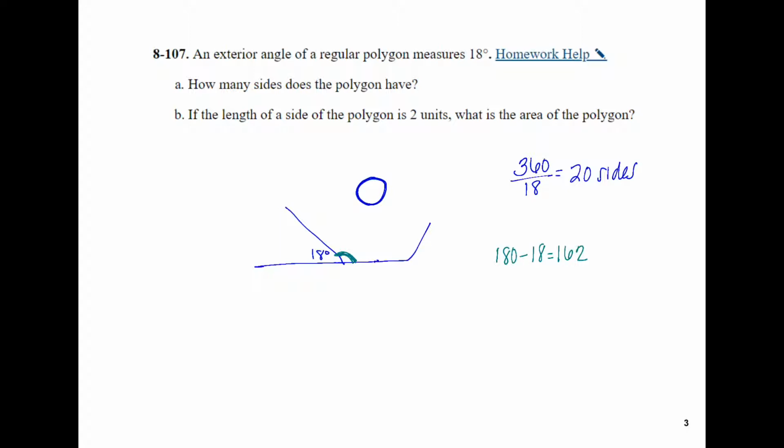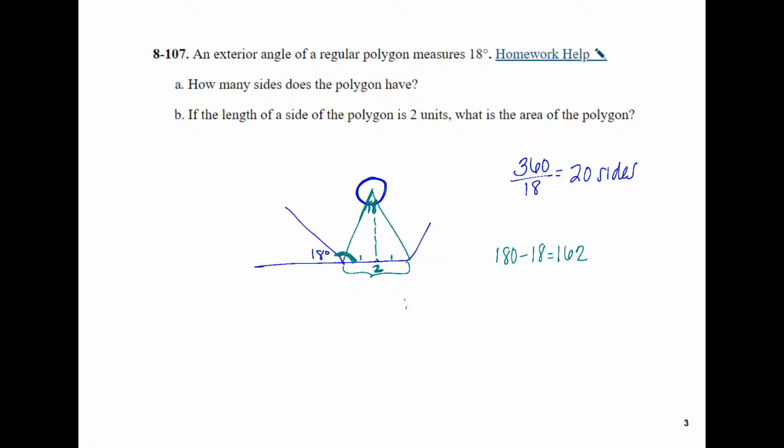We also know that if we have 20 sides, our central angle of our polygon is the exact same as our exterior angle, so we are looking at an 18-degree angle here. So they said the side length is 2 units total, so we can say that is 2, and divided in half, we can say this is 1 and 1.